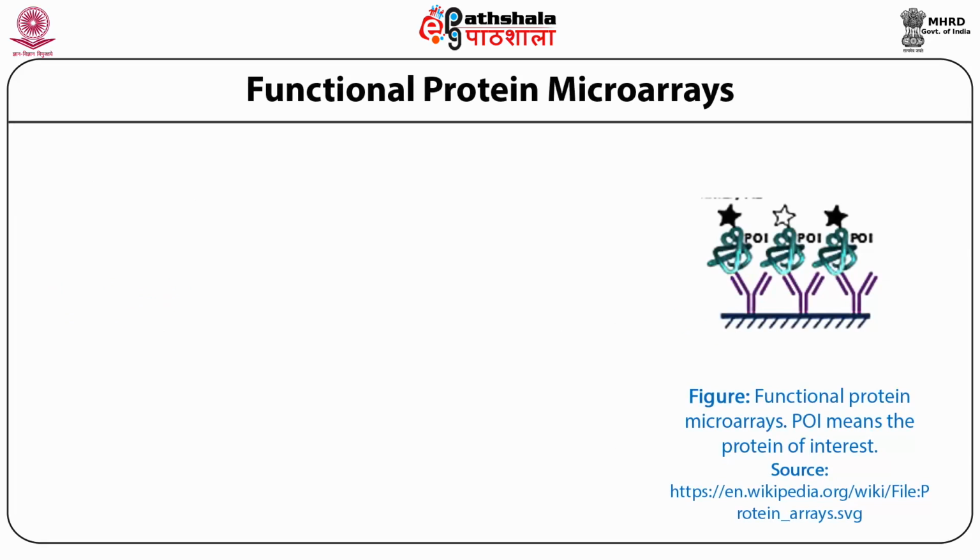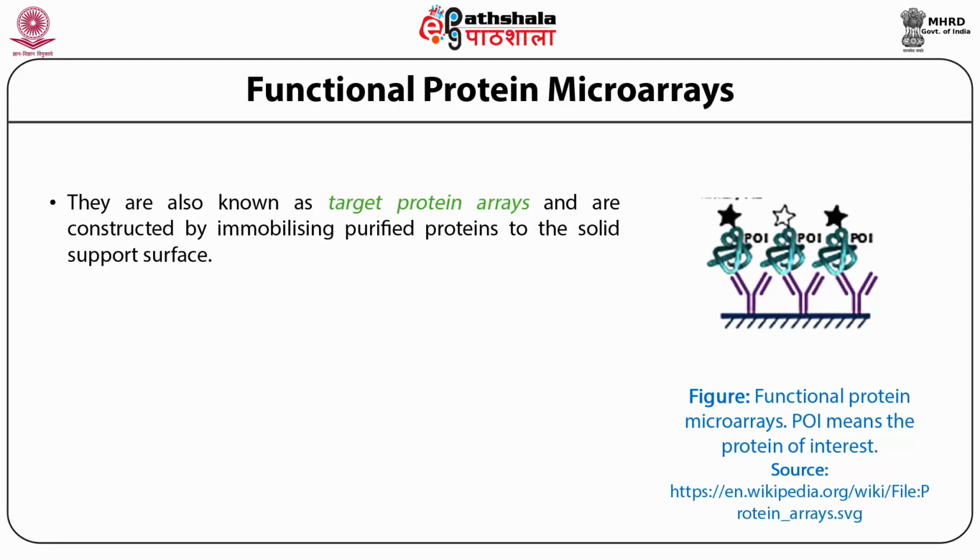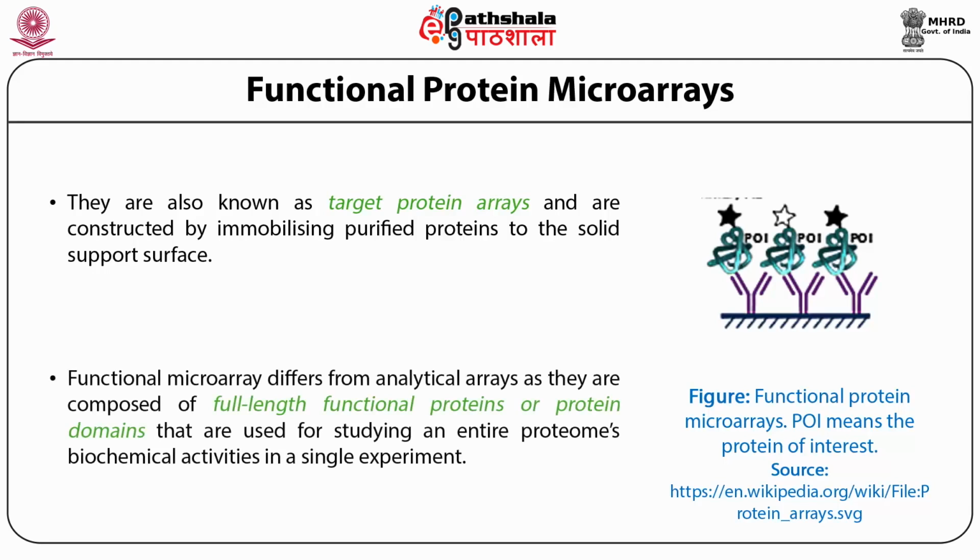Functional protein microarrays. They are also known as target protein arrays and are constructed by immobilizing purified proteins to the solid support surface. Functional microarrays differ from the analytical microarrays as they are composed of full-length functional proteins or protein domains that are used for studying an entire proteome's biochemical activities in a single experiment.